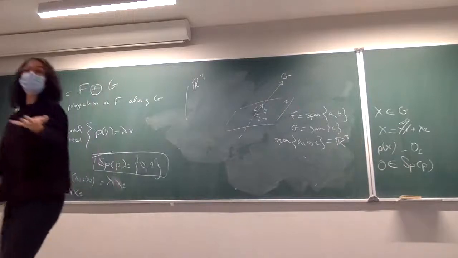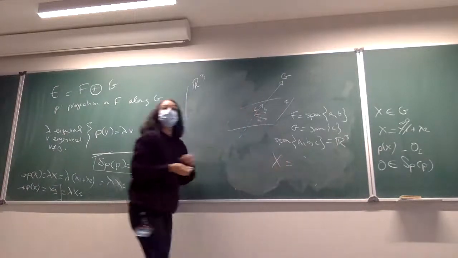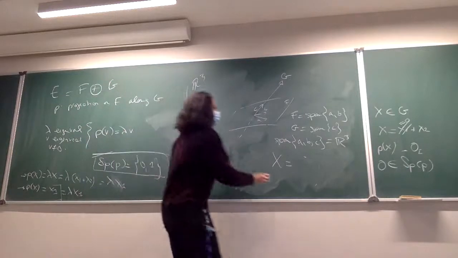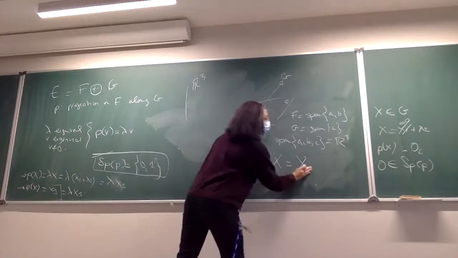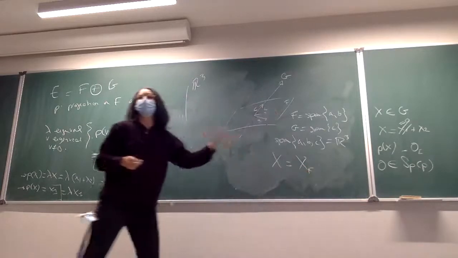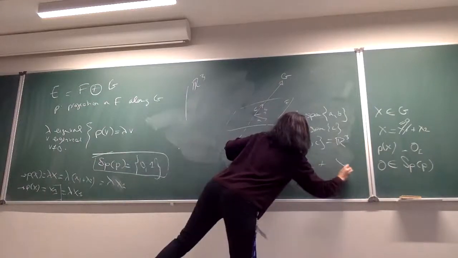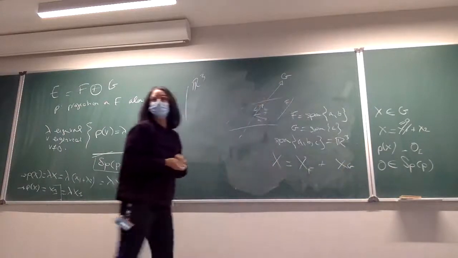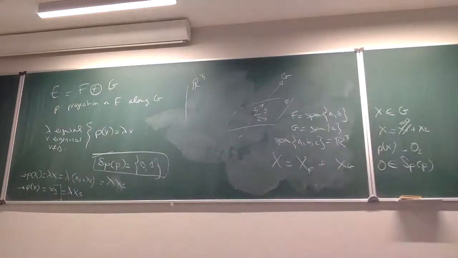Okay, so I know that anything in R3 can be decomposed as some X1 part, let's call that XF to stress the fact that it belongs to the space F, plus some XG part. Okay, fine. What do I have in colors?